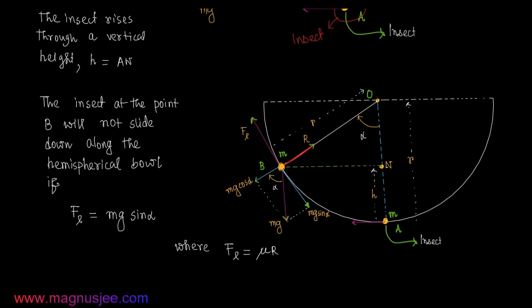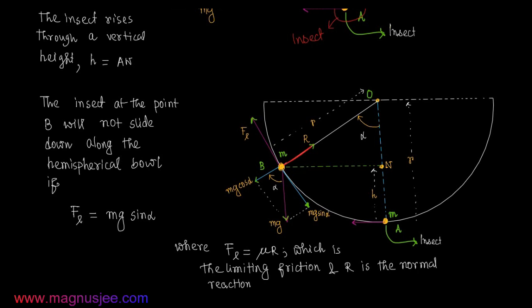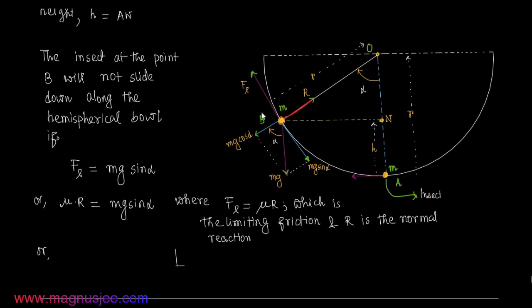Here Fl is equal to mu into R, the limiting friction acting between the insect and the hemispherical bowl, and R is the normal reaction on the insect applied by the bowl. So mu R is equal to mg sin alpha.